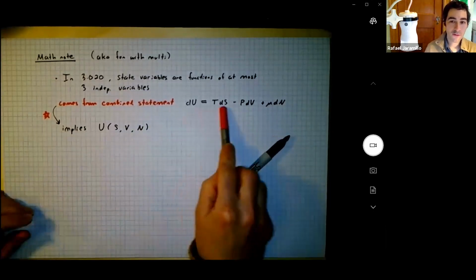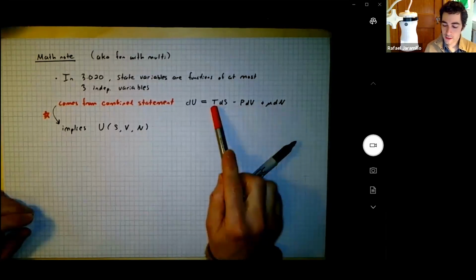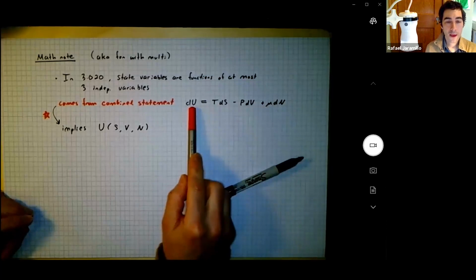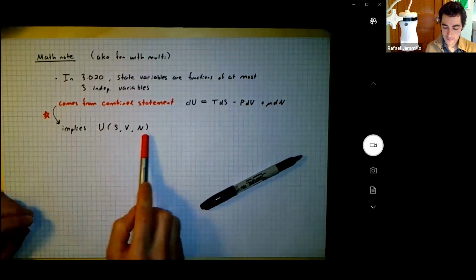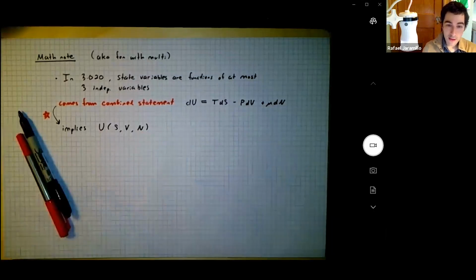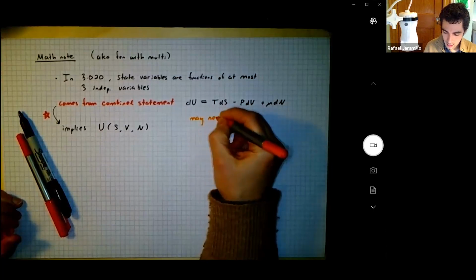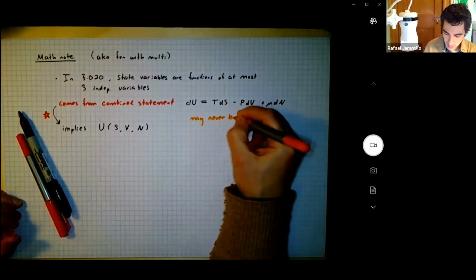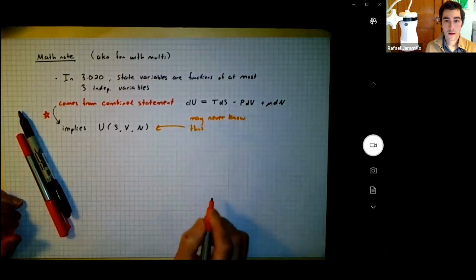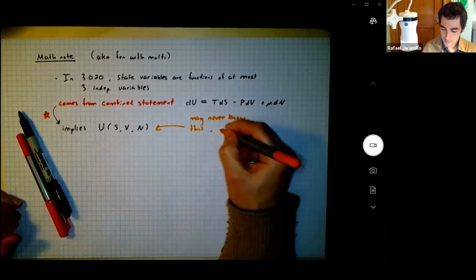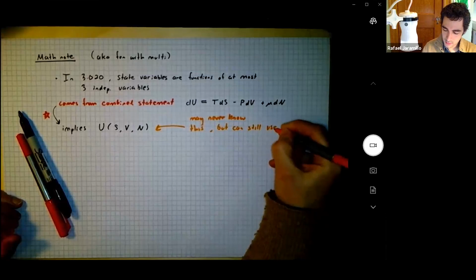If you write down a differential form, we're going to learn how to identify the independent variables, the coefficients, and the dependent variable. And the existence of this differential form implies a state function. Now, in most cases, we may never know this, but we can still use this.